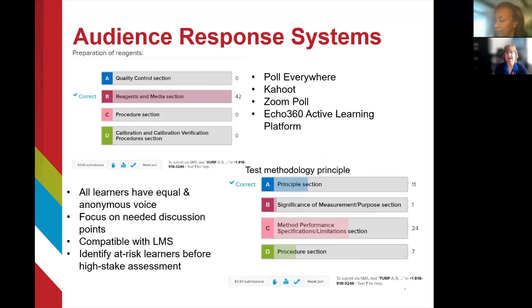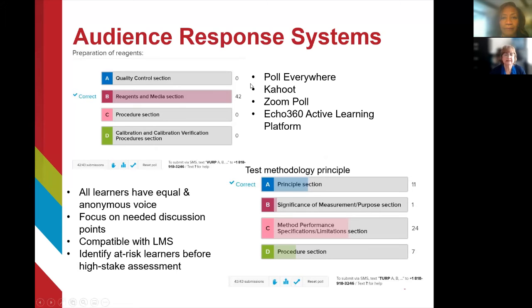The other 80%, you don't know where they stand in terms of understanding of the information. And so that's where the audience response system comes in. They're anonymous for the learner, but for the instructor, the facilitator, you can go back and see who's struggling and who isn't, and maybe identify some at-risk learners before they take a high-stakes assessment.